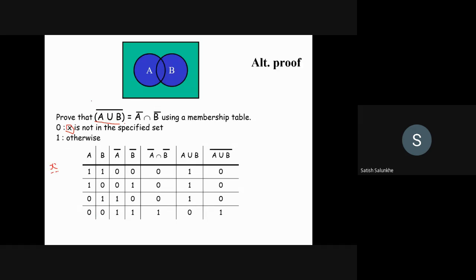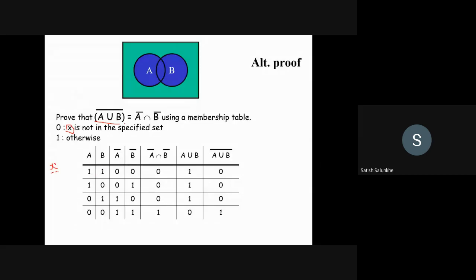So on your left hand side, you have A union B. For A union B, what exactly are you doing? 1 and 1 gives 1. It is not exactly the mathematical operation of multiplication. A union B means what? Either it is belonging to A or it is belonging to B, and it may be belonging to both.